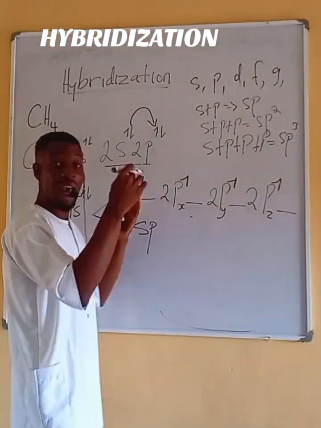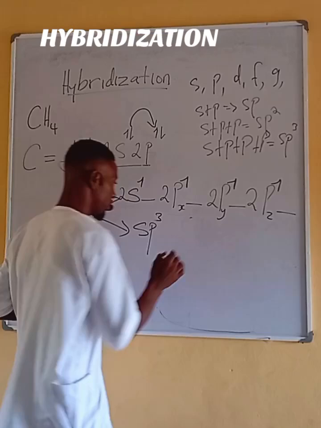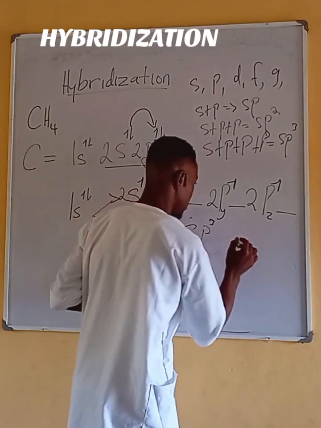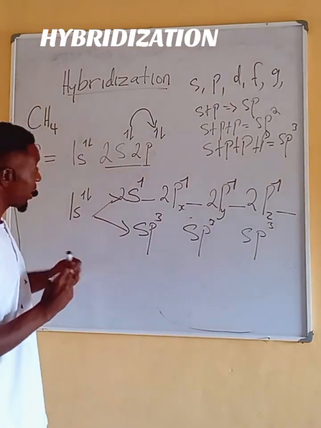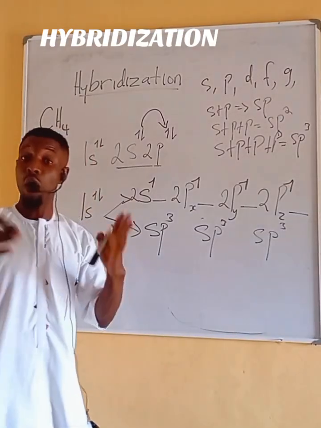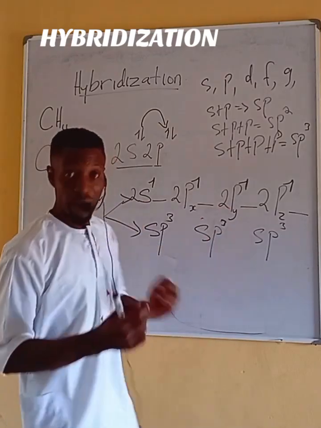And since they are 3 p's, we are going to replace them with sp3, this, and this also sp3, meaning that you have one s orbital mixing with 3 p atomic orbitals. And this is how hybridization works.